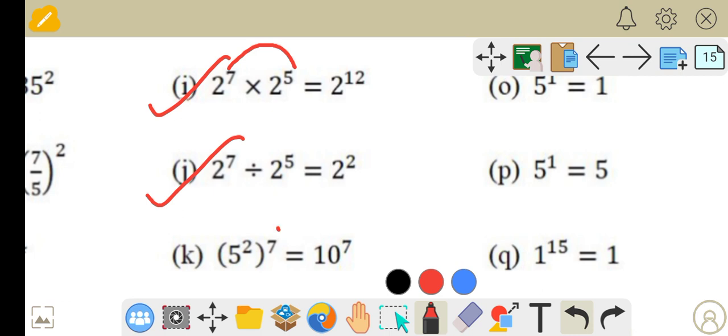But in this case, 5 to the power 2 to the power 7, the basic rule is that exponents should be multiplied, so it will be 5 to the power 14. It will be 5 to the power 14, so this is wrong.